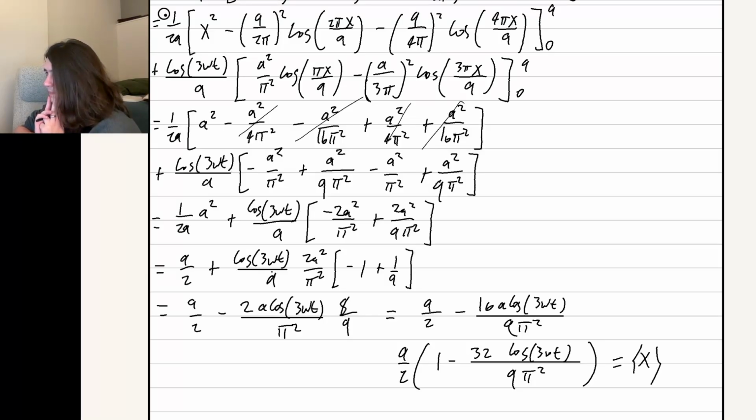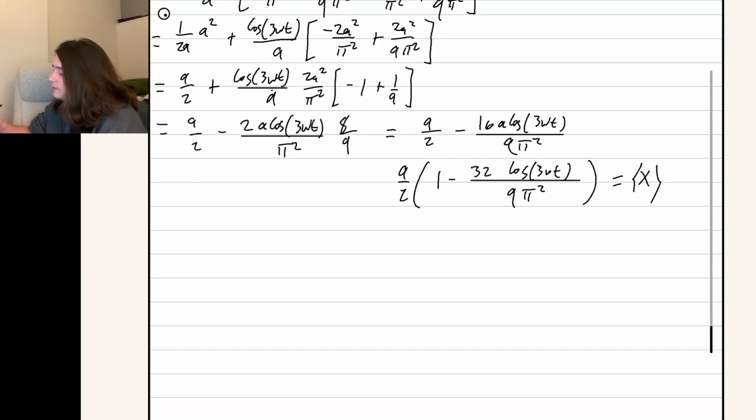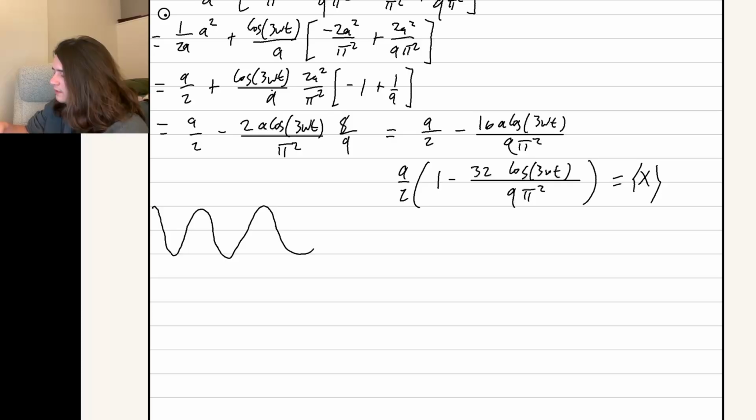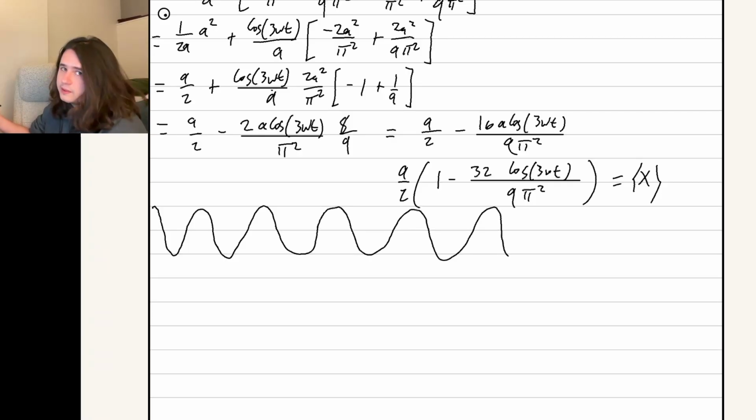Now, it does ask you to think about the amplitude of the wave that is produced by the expectation value, because it is a wave. It's oscillating cosinusoidally, and it's going to have some amplitude and some frequency. The frequency isn't hard to think about because it's built into the cosine function.